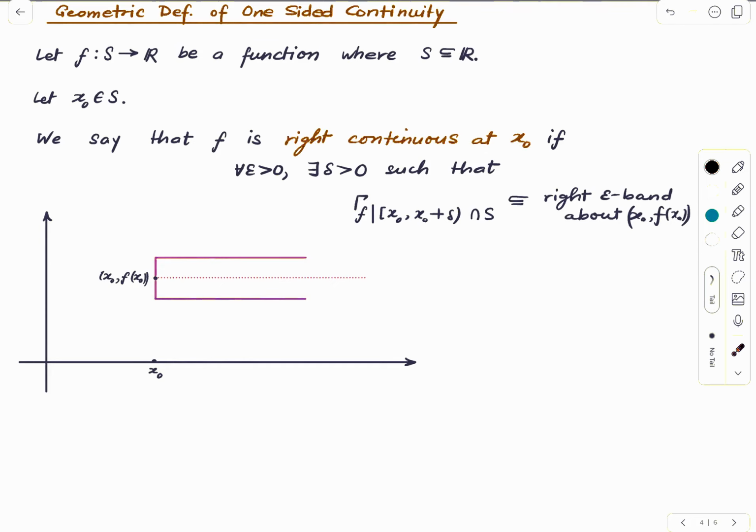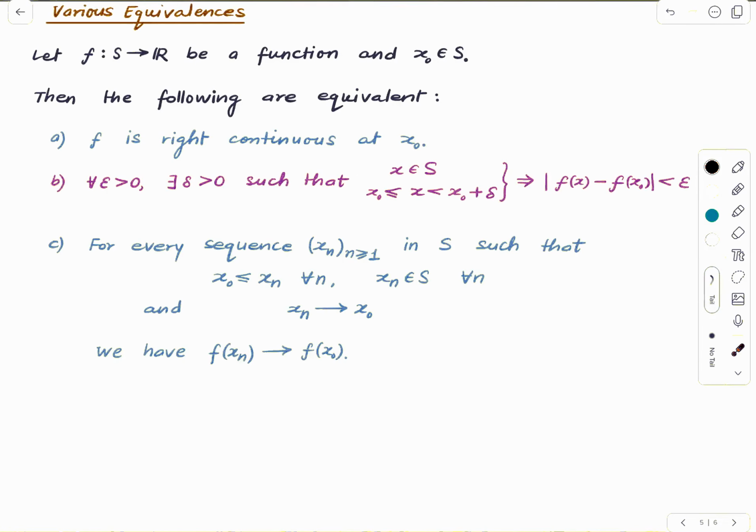Surely you could have written this definition by yourself if you followed the definition of continuity well, and I don't want to say too much about it, but I will say this. Here are the various equivalent criteria. I haven't written the criteria via neighborhoods here, but I'm sure you can write that by yourself. So again, we have a function and a point x0 in the domain of the function.